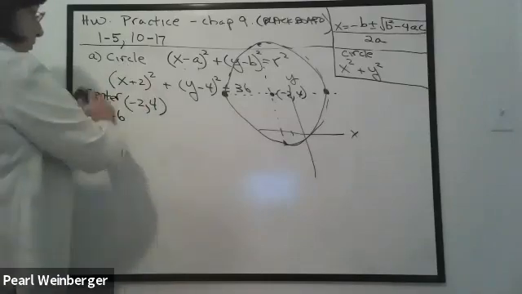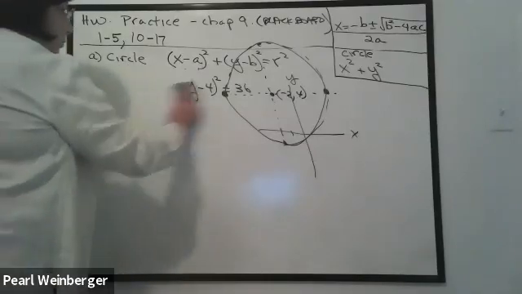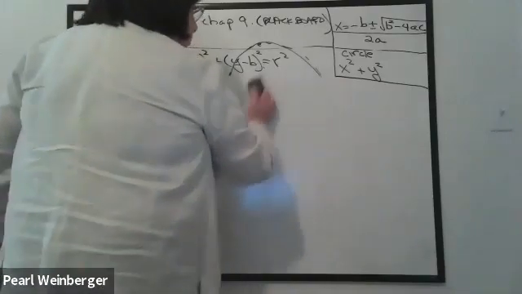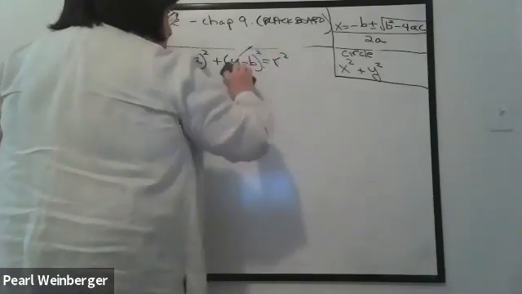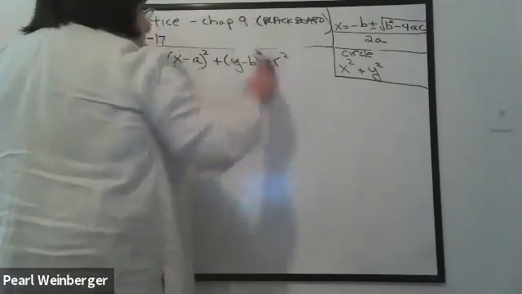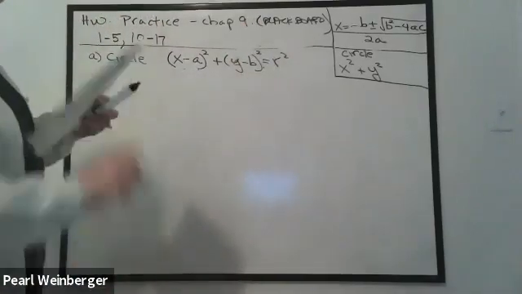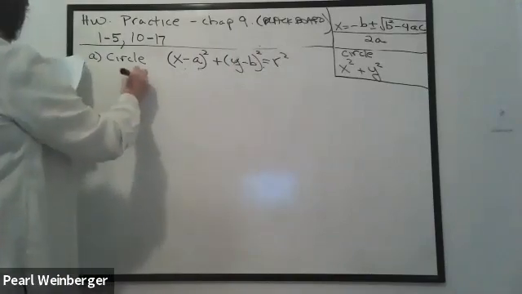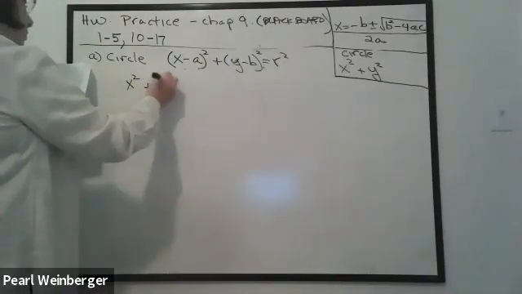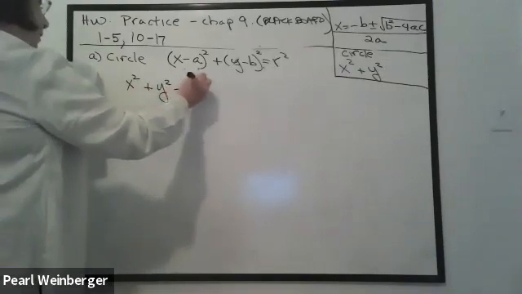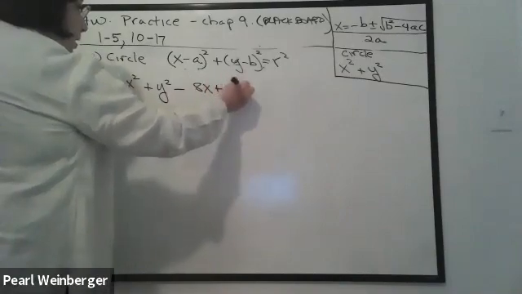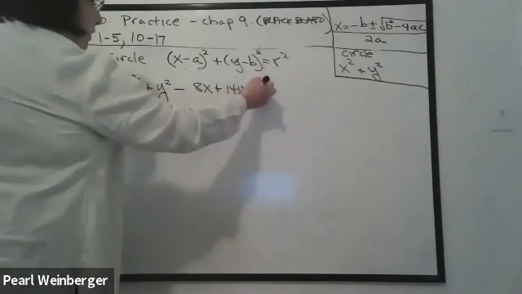I'm going to erase this. Suppose I gave you this equation. x squared plus y squared minus 8x plus 14y equals negative 61.